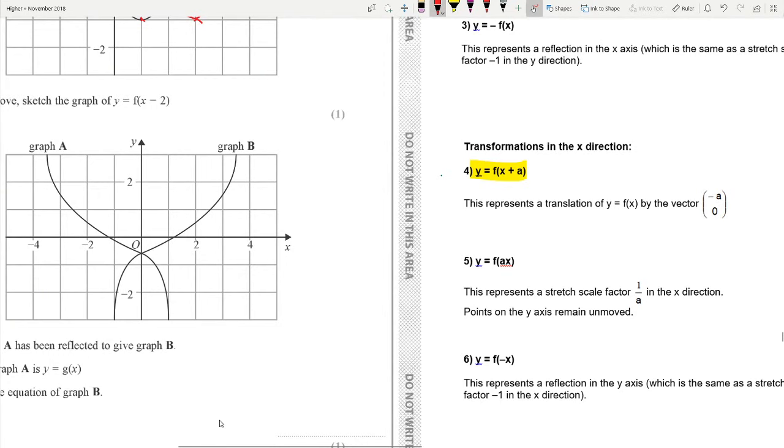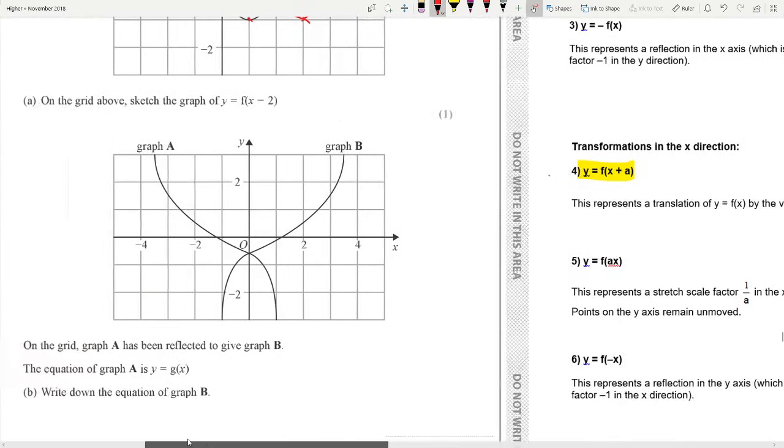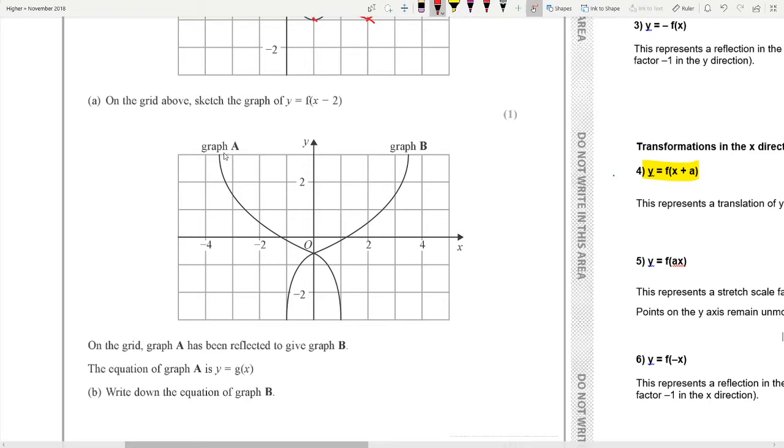Next part, it says that on the grid, graph A, which is this one here, has been reflected to give graph B. Write down the equation of graph B. Now, this is a reflection, isn't it? This is a reflection in the y-axis.